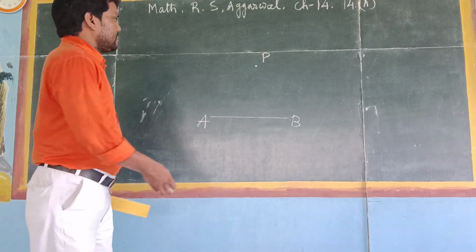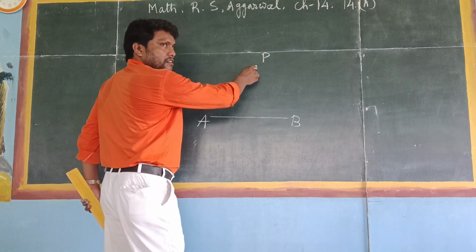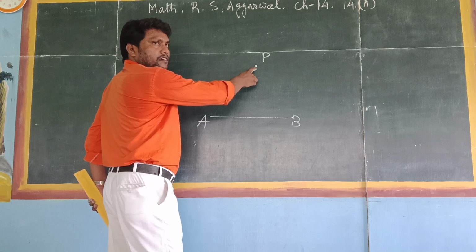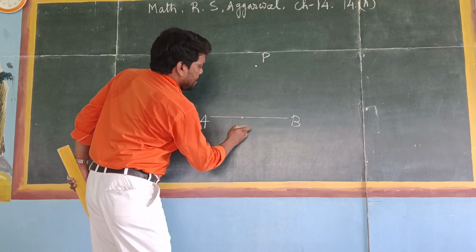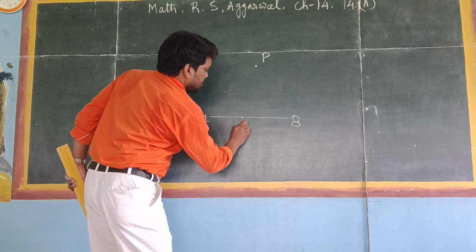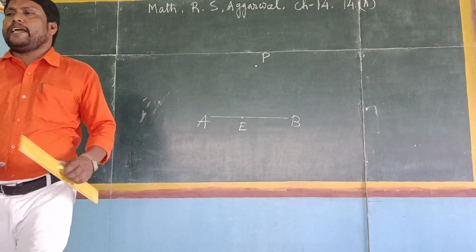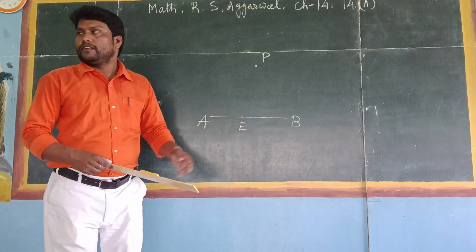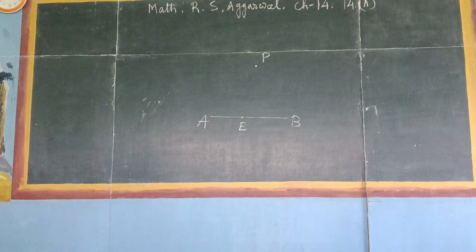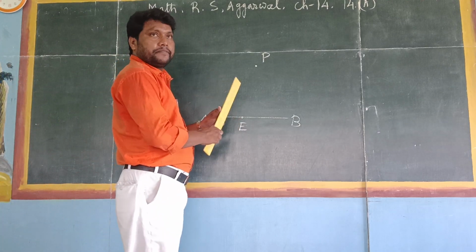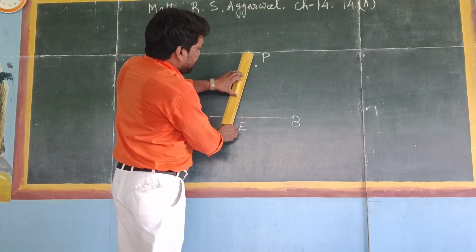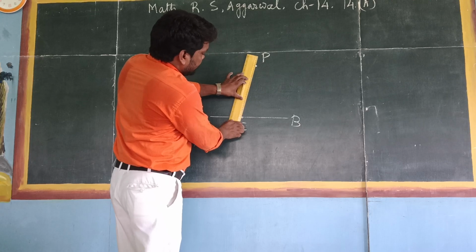Okay. So at first, take a point on the line AB. Suppose E. Take a point E on the line, then join them.